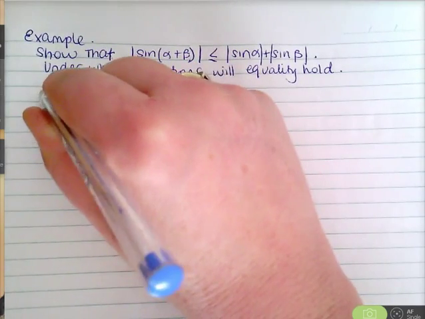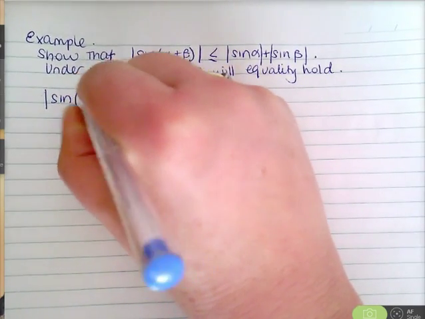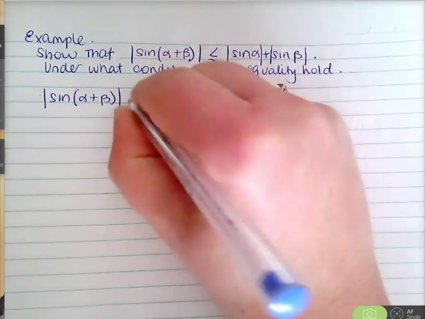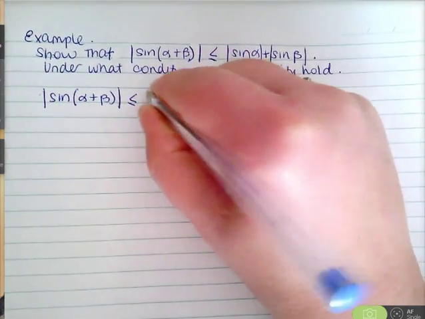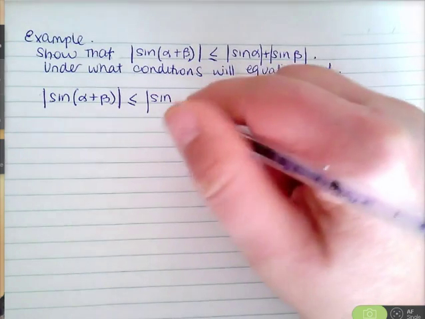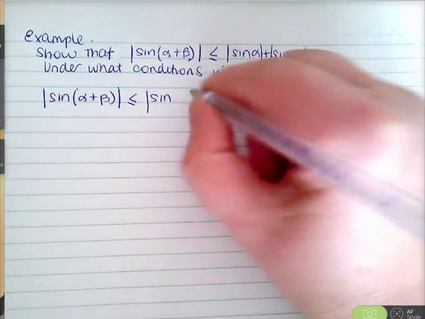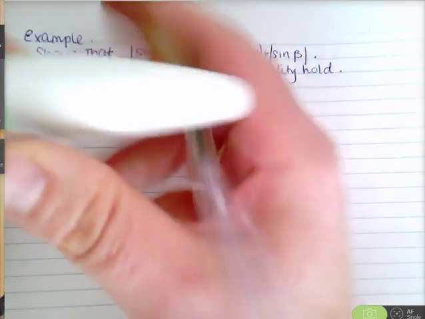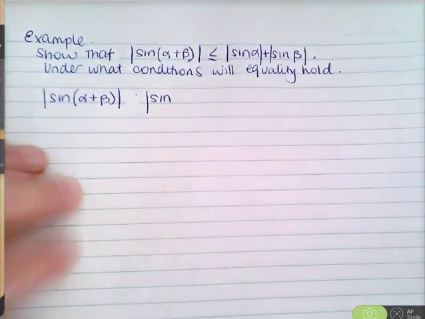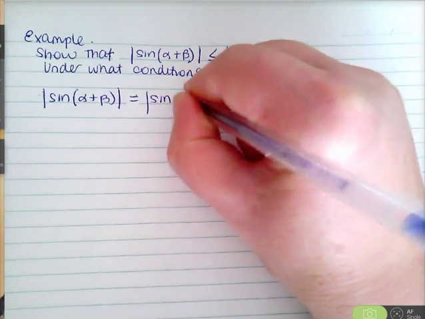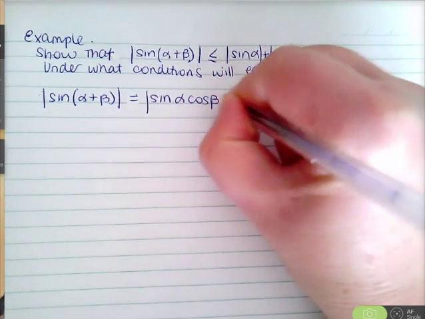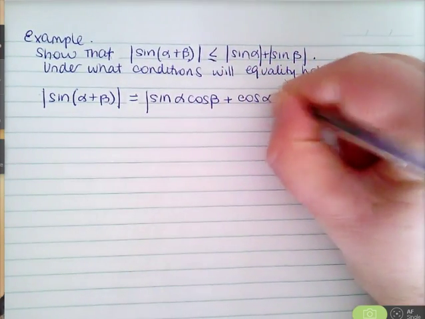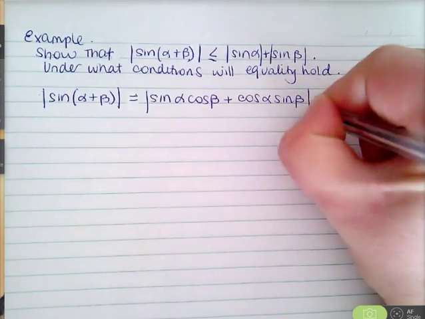So let's start with this left-hand side. The absolute value of sine of alpha plus beta is, sorry, it's not less than or equal to, it's actually equal to, now we can expand using sums and differences of angles. So that is equal to the absolute value of sine alpha cos beta plus cos alpha times sine beta.